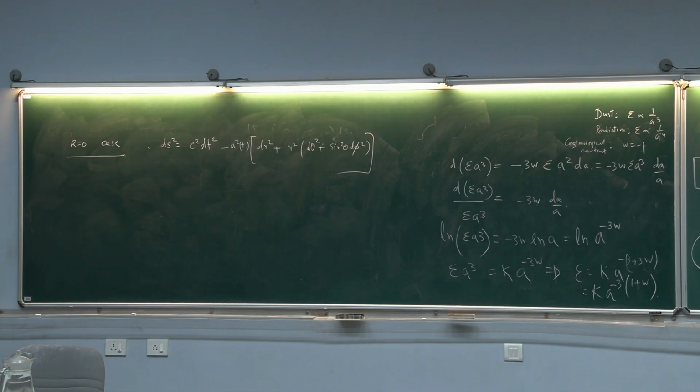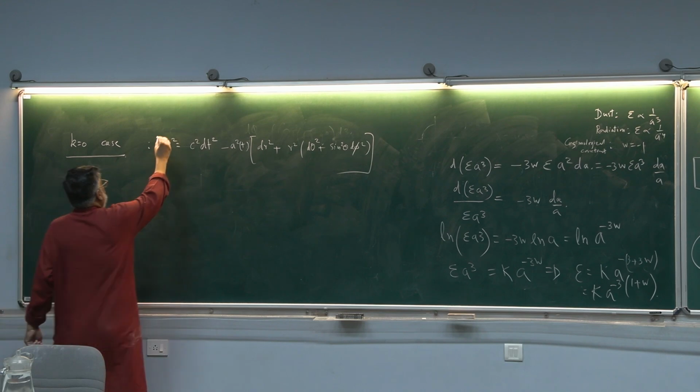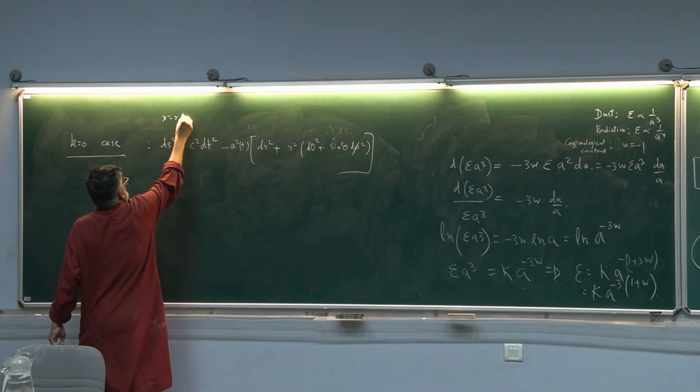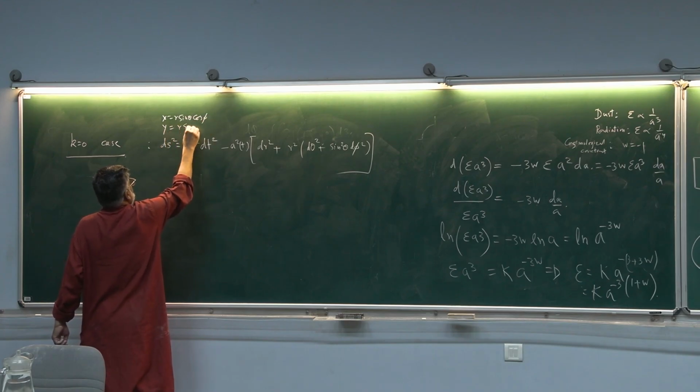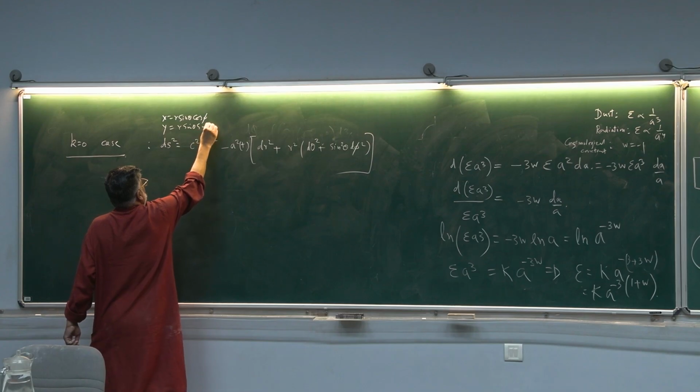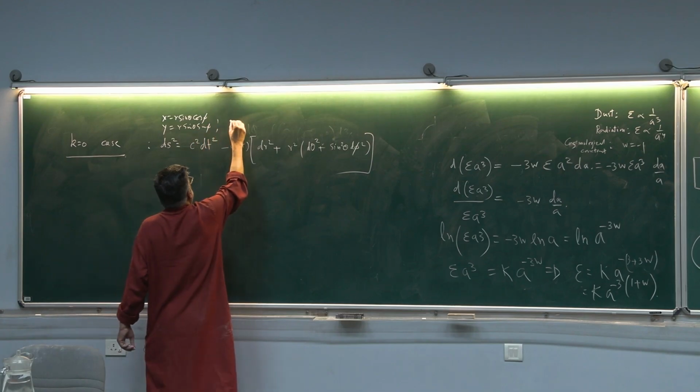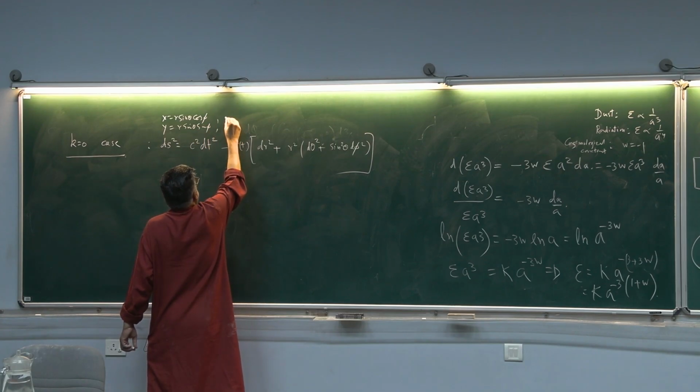But you can see what the Killing vectors are. You can't obviously read the Killing vectors from this coordinate system, but I can always convert it to a Cartesian coordinate system. So my Cartesian coordinate system is what? x is r sine theta cos phi, y is r sine theta sine phi, and z is r cos theta.